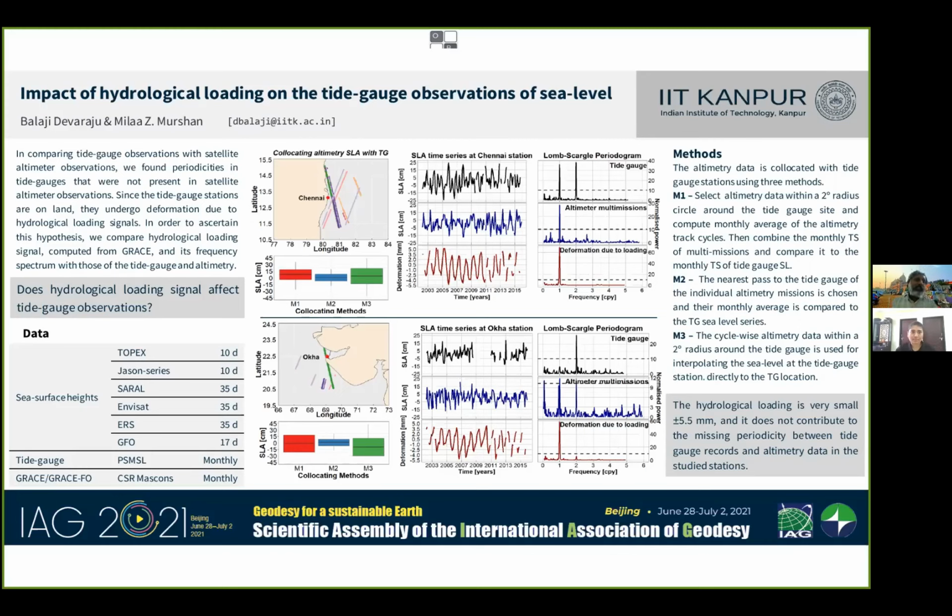So you can compare what the tide gauge is observing and what the altimeter is observing. Because the tide gauge sits on the land, whatever crustal motion the land has will also be observed by the tide gauge, but it will not be observed by satellite altimetry. So in a way, you can understand what is happening here.